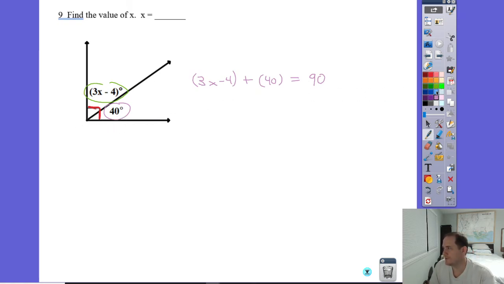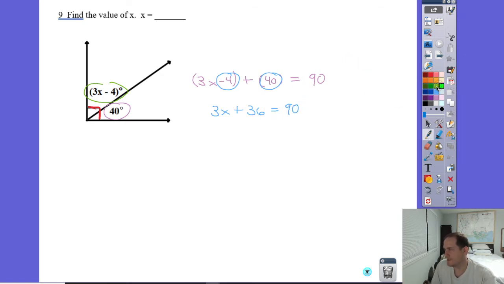So now we just solve. We're going to go negative 4 plus 40 because we combine like terms first. Even though it says you're adding, a negative 4 wants to take away from 40. So that negative 4 is going to drop us down to 36.